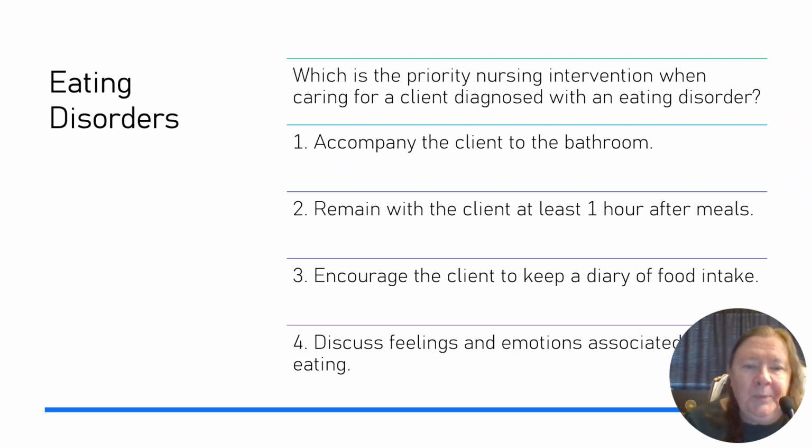The nurse or the therapist may ask that they do that, but that's not the priority. Number 4, discuss feelings and emotions associated with eating. Again, they may do this during therapy, but it's not the priority. Of these 4 answer choices, the priority is to remain with the client for at least an hour after meals. Okay, and that's it for now on eating disorders.